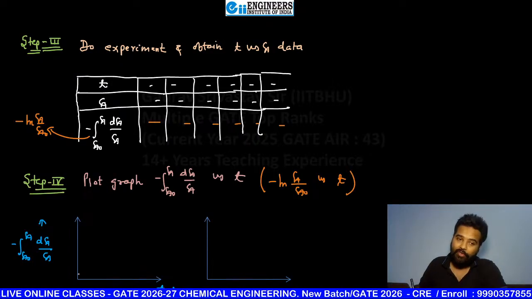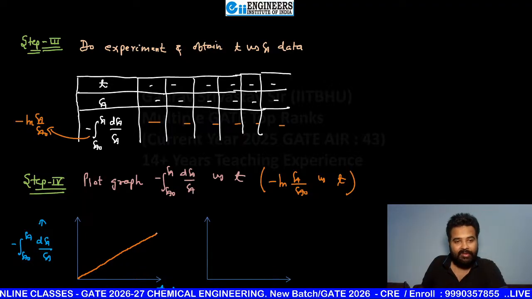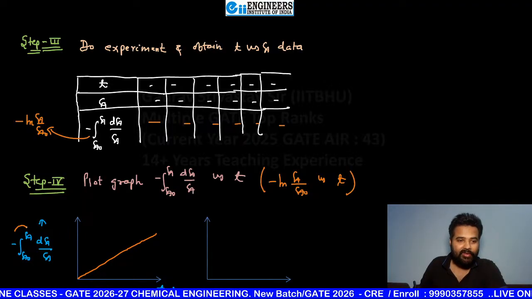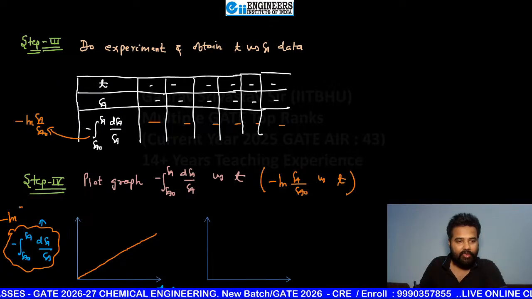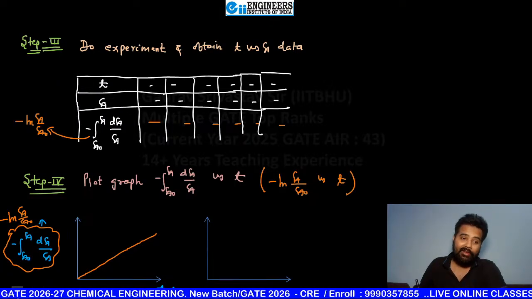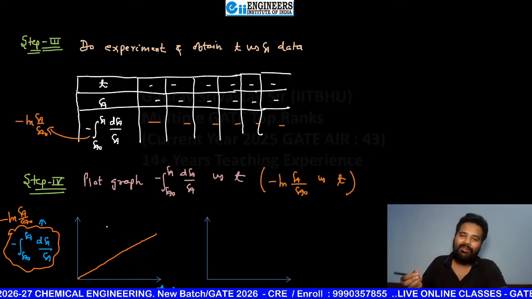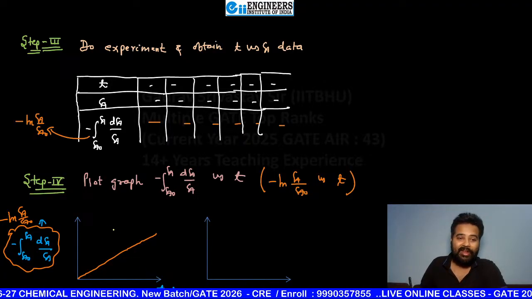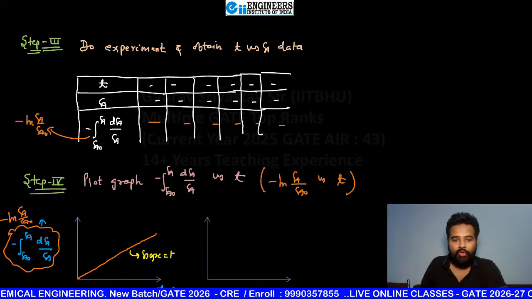Suppose the graph that you are obtaining is like this, where for our guess we are writing on the y-axis ln of Ca by Ca naught. If we are getting it like this, we are very lucky that in just the first guess our order is correct, and its slope will give you the value of k.